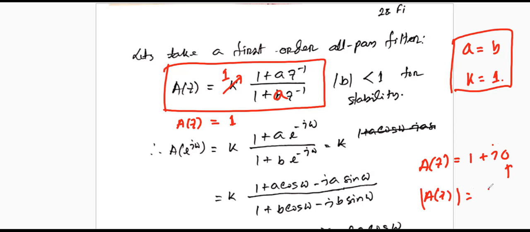This magnitude is equal to 1. That is true. Okay, this is an all pass filter, but that is a short circuit. So you have this point and this point, and you are making a short circuit. This is 5 volt and this is 5 volt. That's it. What about the phase? You don't have any imaginary part, that shows that you don't have any control over the phase. And that is the problem.